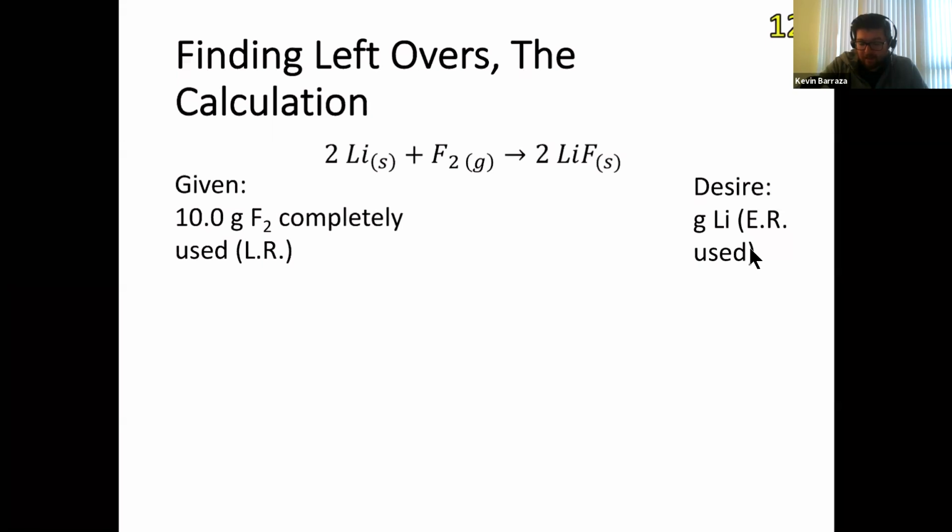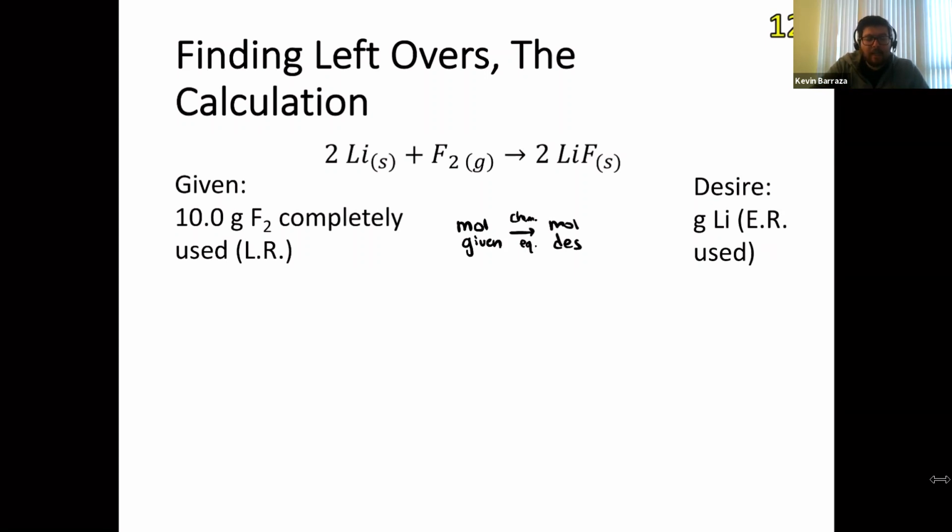And so I mentioned that there's a strategy that I think is really helpful to write every single time. The strategy that glues the entire problem together is we're going to take moles of given and turn it into moles desired using the chemical equation. That's going to be the glue that holds every single stoichiometry problem together.